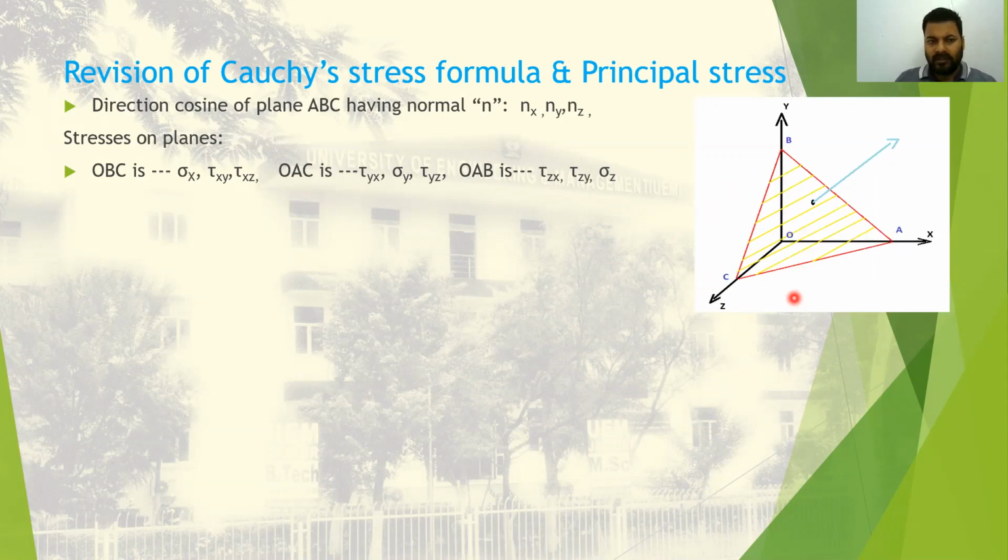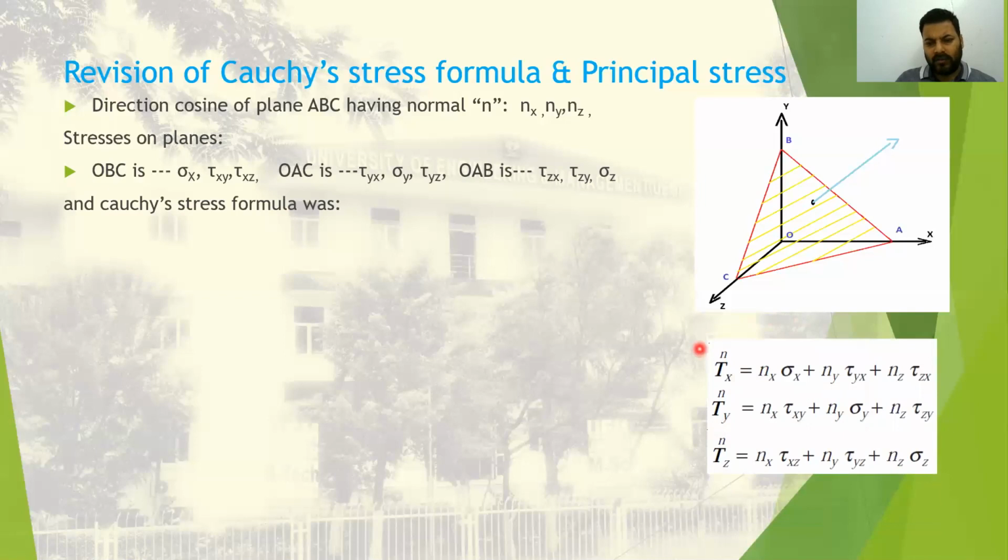So in the Cauchy stress formula, we have seen that if we have the stresses along any three mutually perpendicular planes, we can get the stress along an arbitrary plane if we know the direction cosines of that plane. So the Cauchy stress formula was like this.